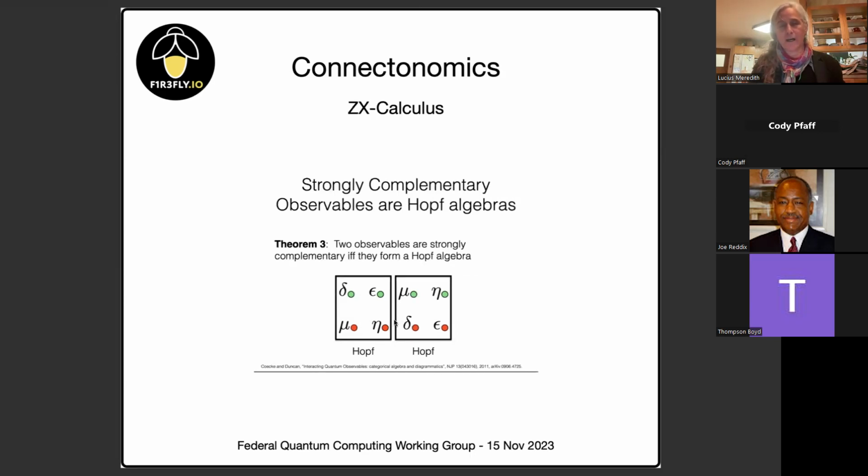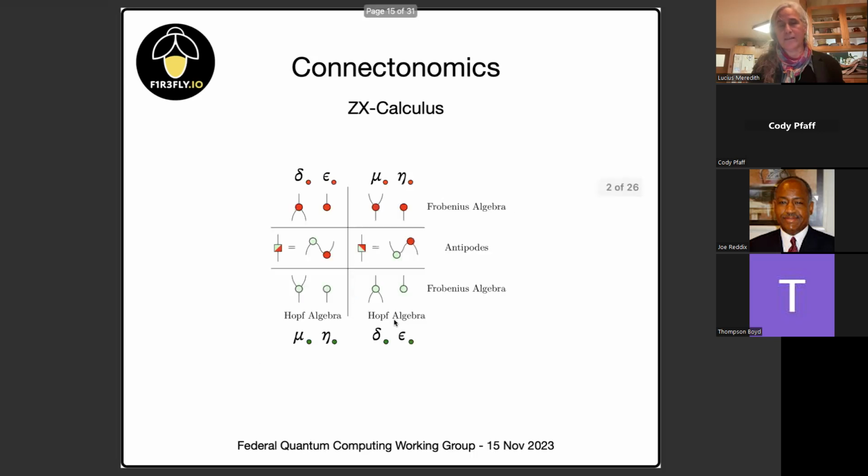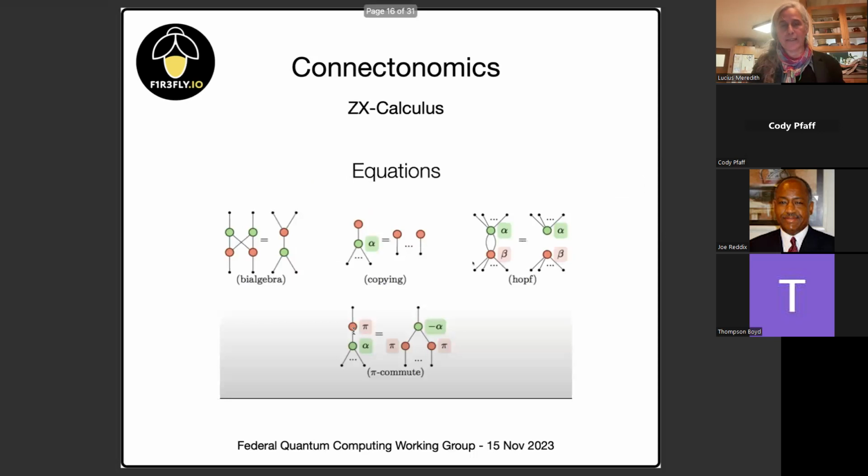And you don't really have to understand what this is, other than to understand that it provides some identities with respect to these operations, which we can look at here. So, for example, when I have one of these diagrams wired up this way, I can turn it into a diagram wired up this way.